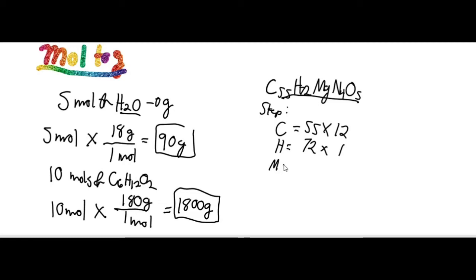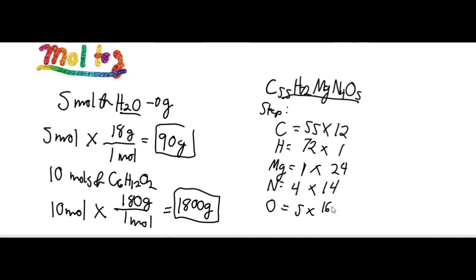Magnesium, we have one magnesium, and the atomic mass of magnesium is 24. Nitrogen, we have 4 nitrogen, and 14 is the atomic mass of nitrogen, and oxygen, we have 5 oxygen times 16.